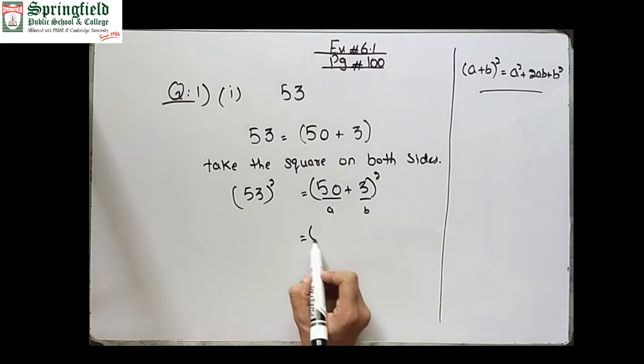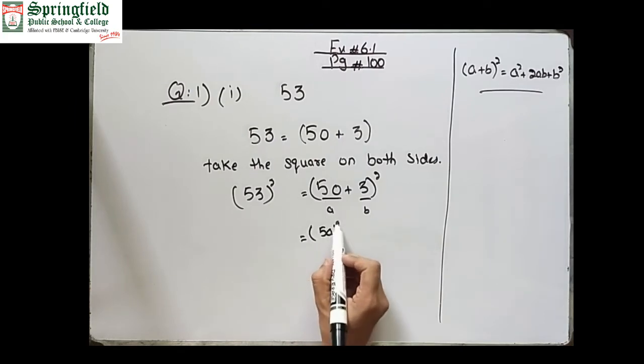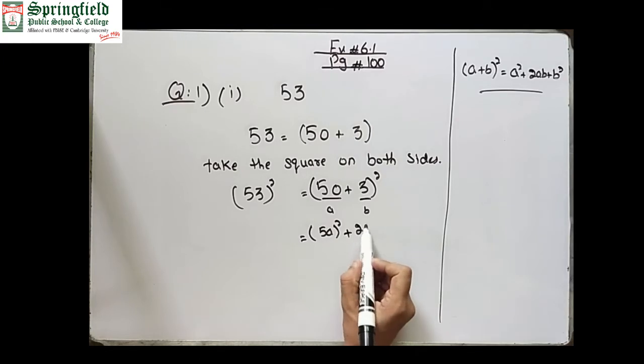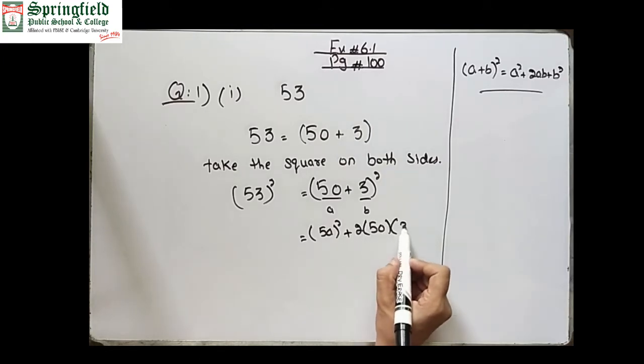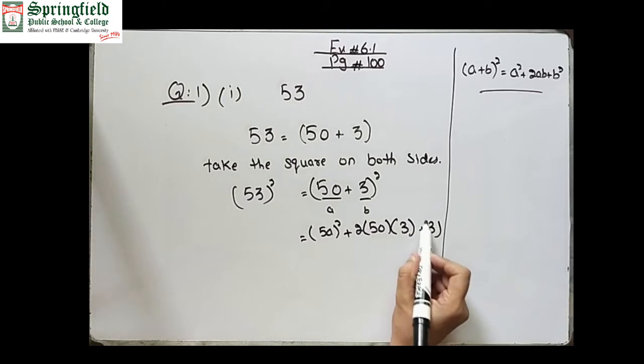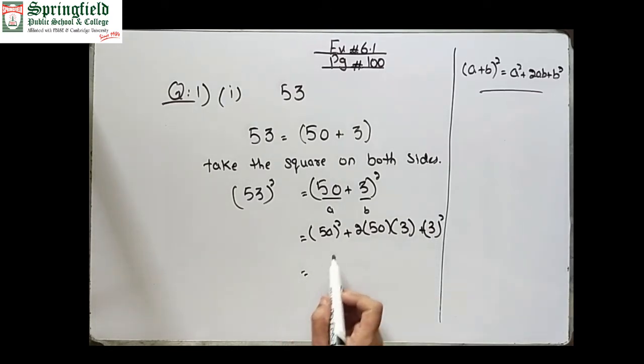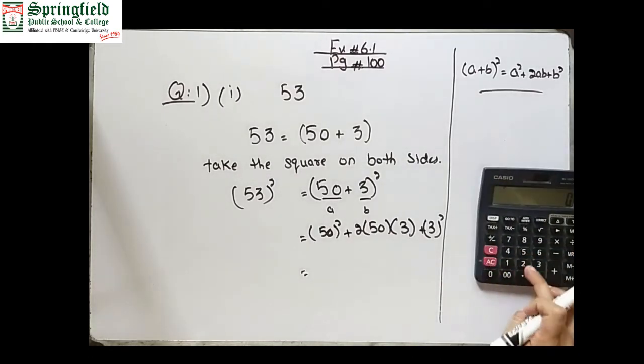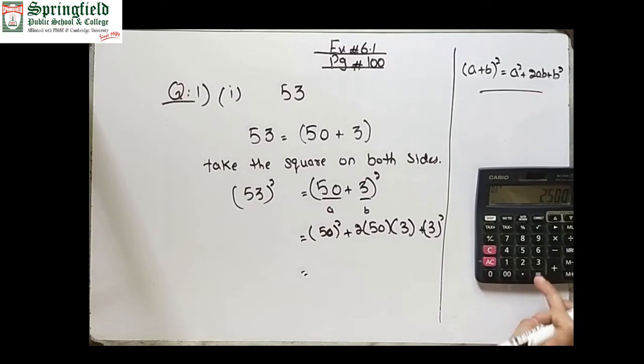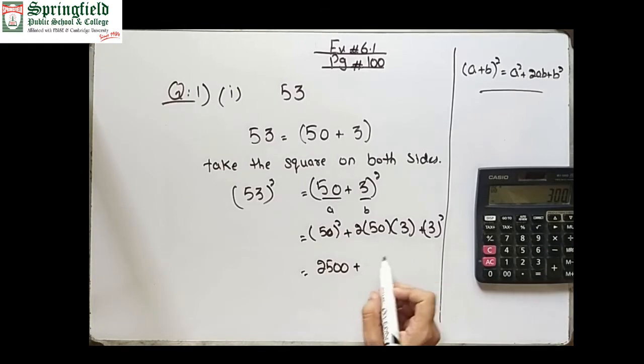So 50 means a square, plus 2ab, plus b square. Now 50 square is 50 multiply 50, 2500, plus 50 multiply 3 multiply 2, 300, plus 3 3s are 9.